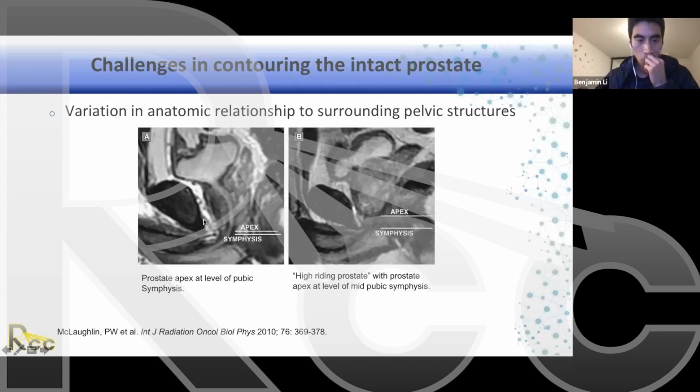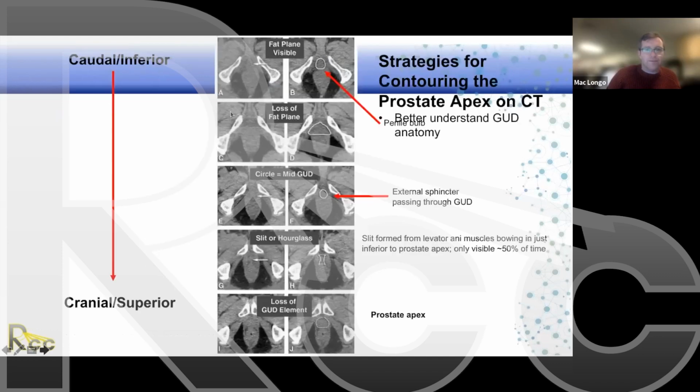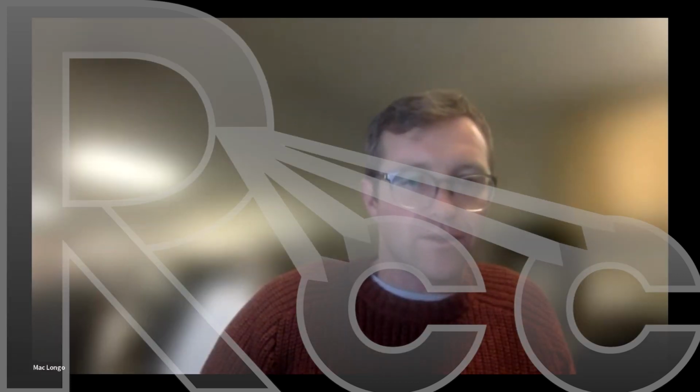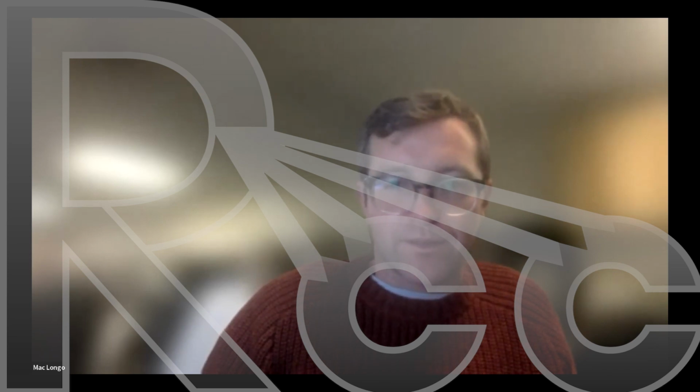Okay. Let's go through this, which is listed in one of the resources that I sent to you all, but I want to actually contour with you. So you have this in the paper and you'll have it in the slides, but let's look at a contour of the GU diaphragm here.